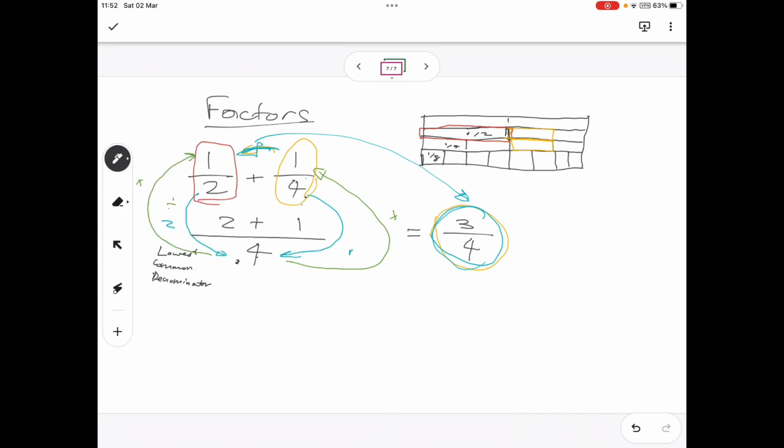And this is how we do the math. So we look for the lowest common denominator.